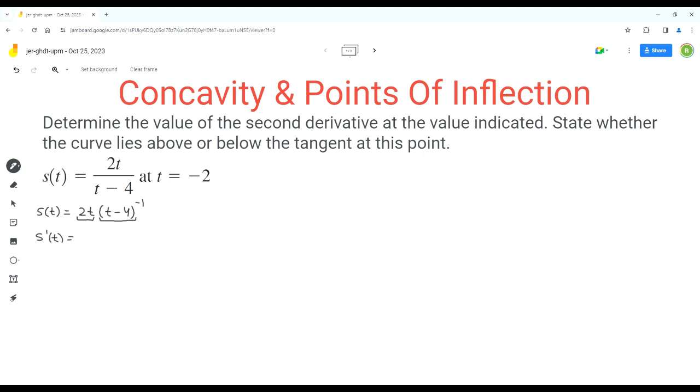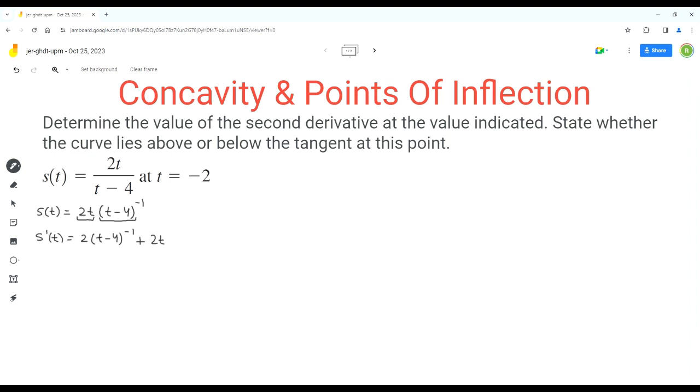As per the product rule, we'll start with the derivative of the first function. The derivative of 2t is just 2, times the second function, plus the first function times the derivative of the second function.